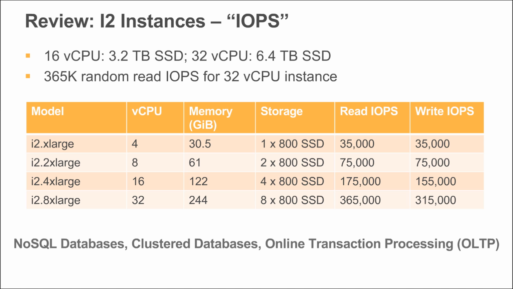The I2 8xlarge instance can achieve 365,000 IOPS, which is about 10 times more than you'd be able to get from EBS, all on a single machine. Again, these are disks that are physically attached to the instance, so you'll need to make sure that you have data backups and replication.